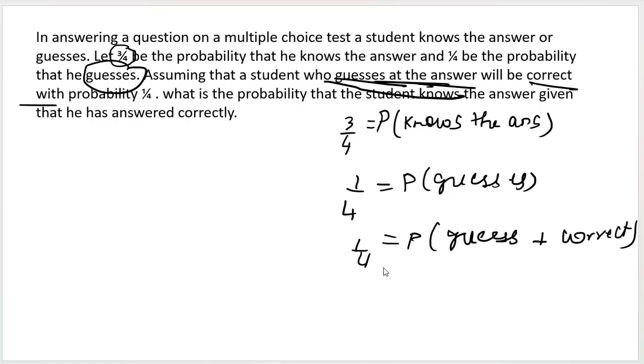Using this, it is very easy to define what our E1, E2 and E3 will be. E1, E2, E3 will be those events which have only one condition attached. Now clearly, E1 is nothing but knows the answer.